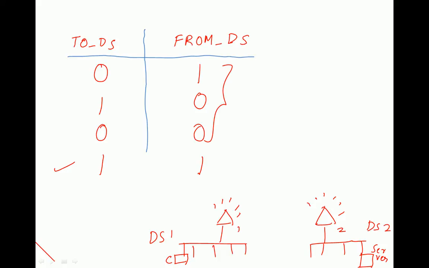So what would happen is, if this client wanted to access the server in distribution system 2, the client would need to send the frames over the wireless LAN. And this wireless LAN is going to be acting as the bridge, or to be more precise, these two APs are going to be bridging these two distribution systems together.